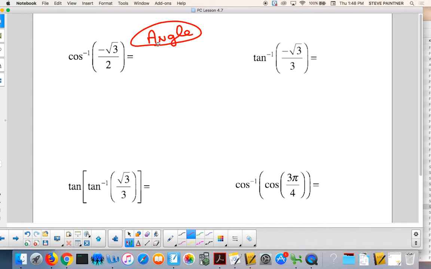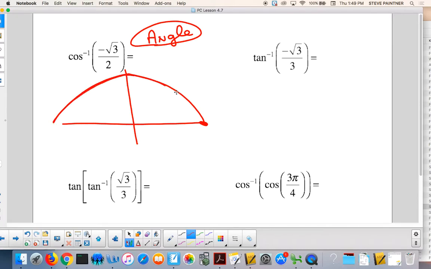What angle? I'm asking you for what angle? I started by drawing where can I give answers for cosine? 1 and 2.